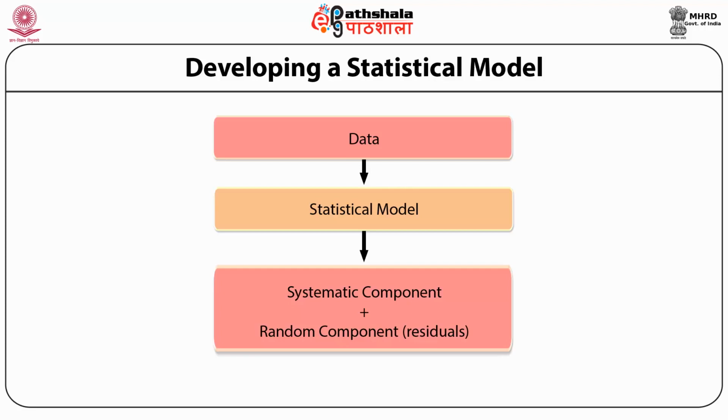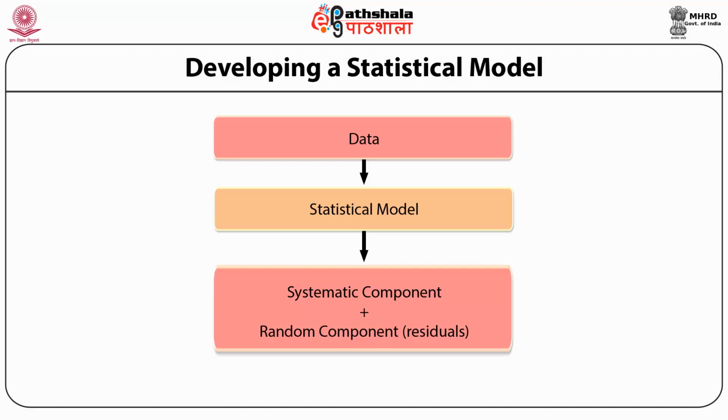The systematic component is that component which gives us the correct prediction for the given data set, and the random component occurs purely on a random basis, its source is absolutely unknown, and therefore it cannot be predicted by the model.